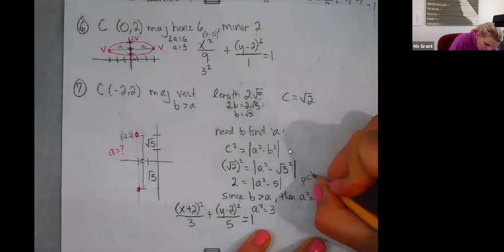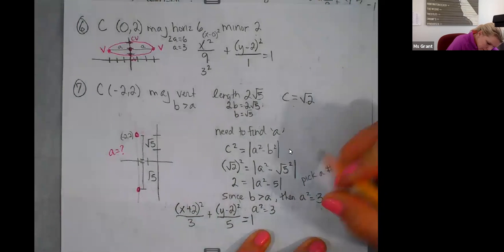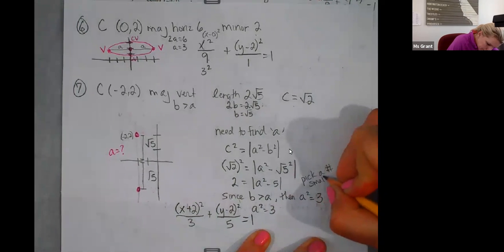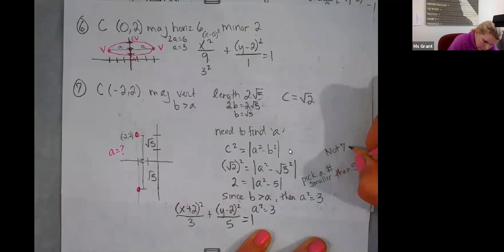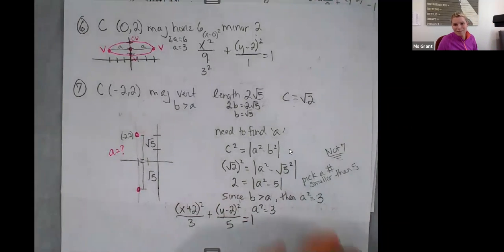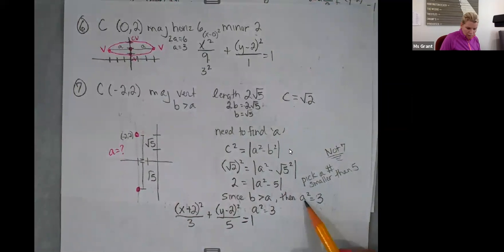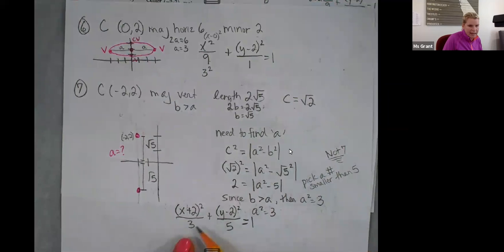Five was bigger, so I had to pick a number smaller than 5, because it's not 7. 7's not smaller than 5. The only other option is 3 minus 5. So that means that A squared equals 3.